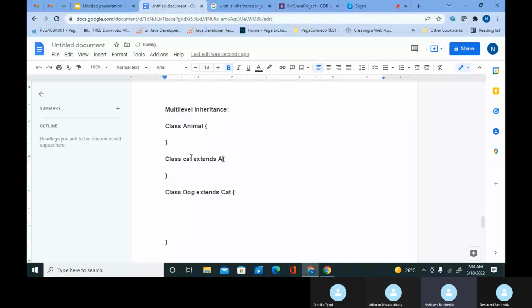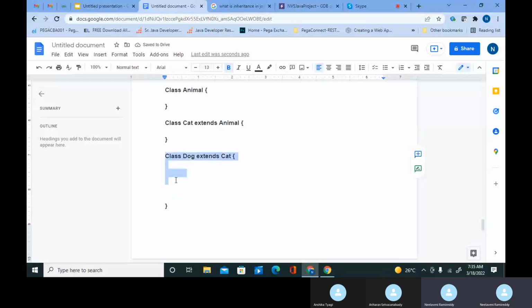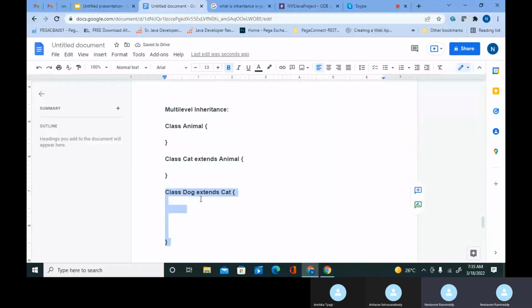See, one time I extended, and now a third time I can also extend. So this is my parent, this is my child, this is the super child. Dog is the grandchild: animal is the parent, cat is my child, and dog is a grandchild.